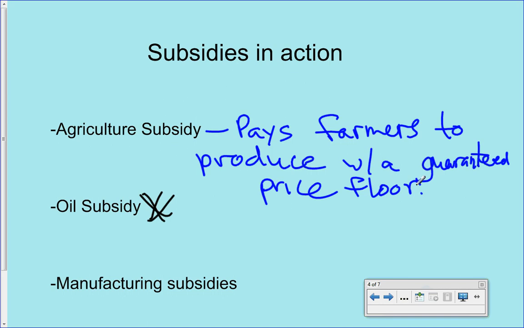In the agriculture industry, what's happening right now is you're seeing all these mega farms pop up. A mega farm can produce at a much lower supply cost than your average Wisconsin farmer you might see out in the country. If they can produce at a far lower cost, they can charge way less.